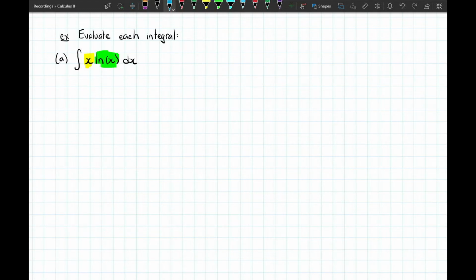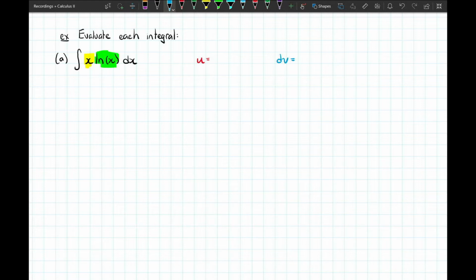Now, in integration by parts, we need to decide which of these two functions is going to equal u, and which of these two functions is going to be part of our dv. And the choice here, you can think of that LIATE as being a nice guide, but if you want to just build up your intuition, u should be a function that we would rather differentiate, and dv is going to be a function that is possible to integrate.